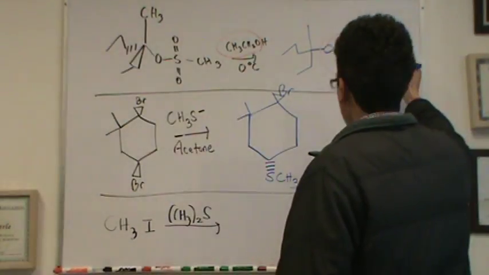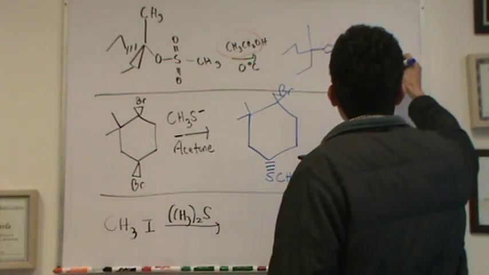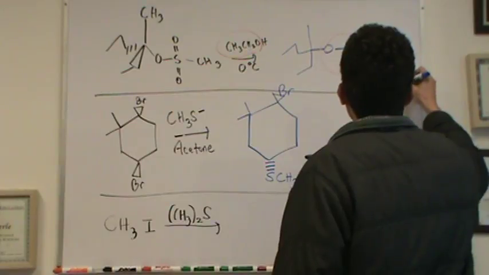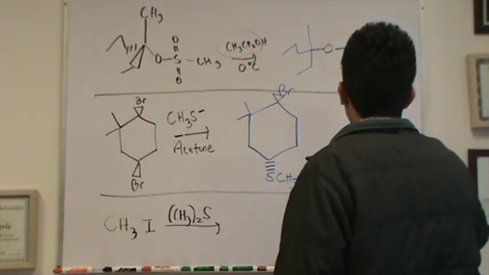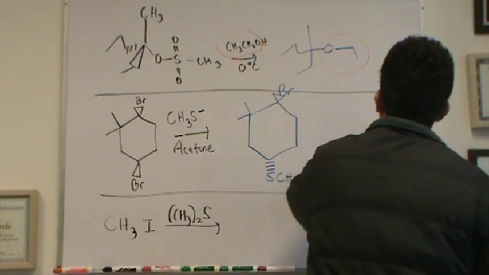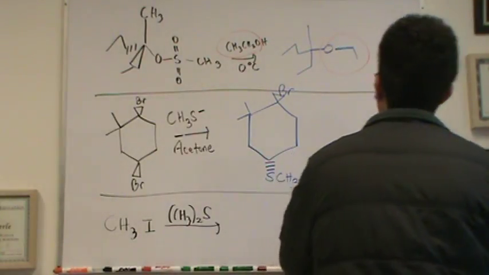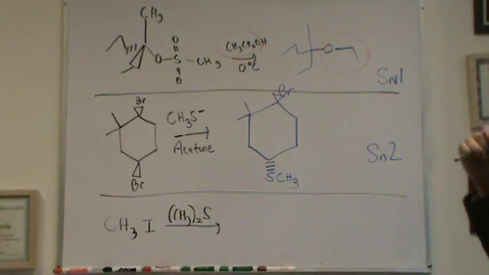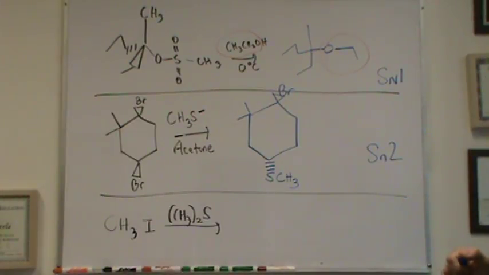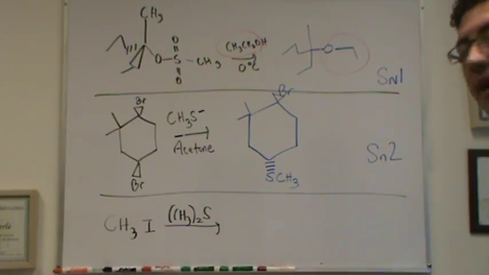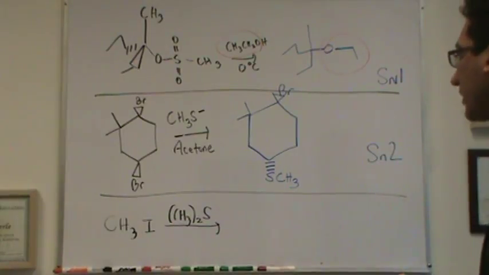So again, we had in the first case an Sn1, in the second case we have an Sn2. So the second case does have stereochemistry, so it is optically active, where the top case was racemic.